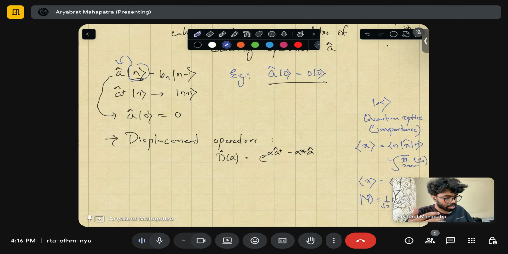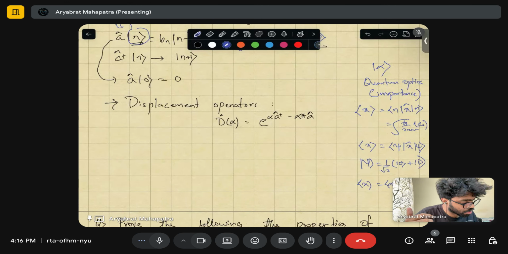But if you take this expectation in the coherent state alpha, you will find this comes out to be something similar to x naught sine omega t plus some phase, let's say phi.